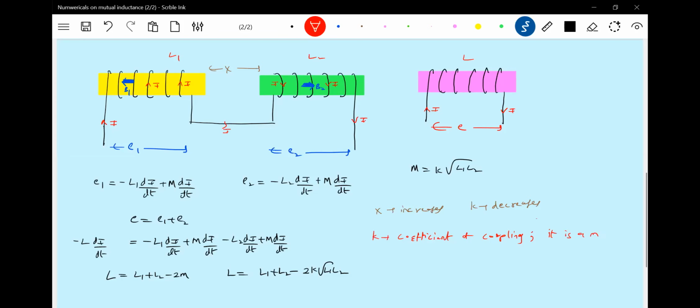It is a measure of the flux linking the coil produced by the other coil. We don't go into depth of analysis, just a definition basis.